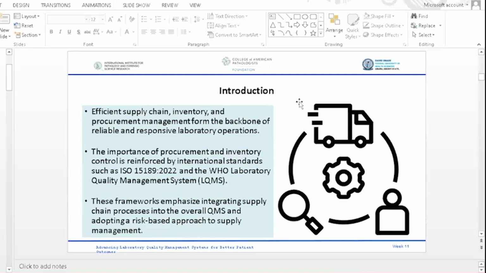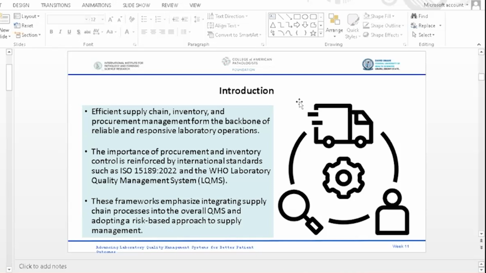In fact, it is a critical and essential component of the laboratory quality management system. From reagents and consumables to critical diagnostic equipment, the uninterrupted availability of supplies directly influences a laboratory's capacity to deliver timely, accurate, and quality assured results.